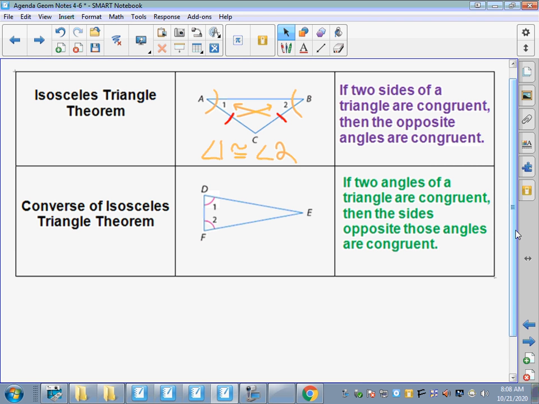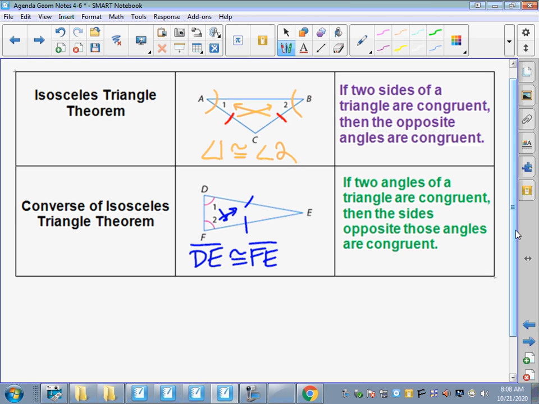That means the opposite sides, side EF and side DE, have to be congruent. DE is congruent to FE. So if I know that two angles are congruent, I know that I've got myself an isosceles triangle because those opposite sides must be congruent.